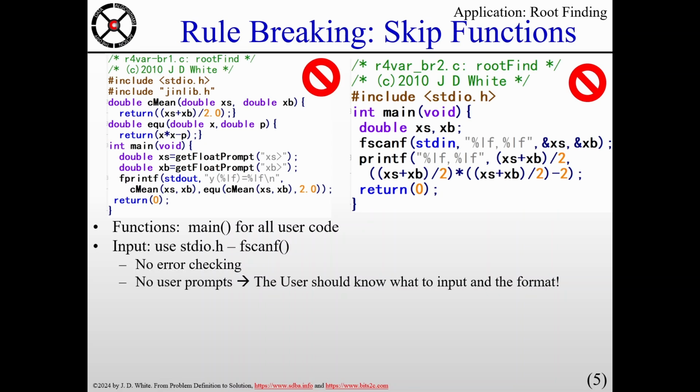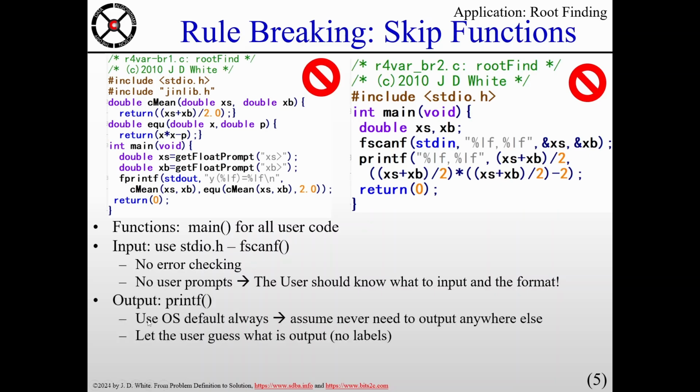So the user doesn't know what to input and what format to input. If the user doesn't input two numbers separated by a comma, your program will crash and not run. Plus, the user doesn't know whether he's supposed to put in the small number first or the big number second. There's no information, and there's no checking to see if he actually does it, or types some characters or something.